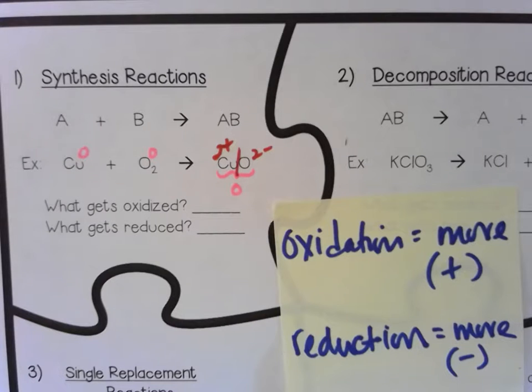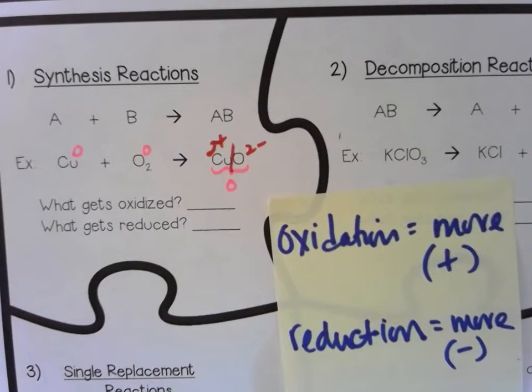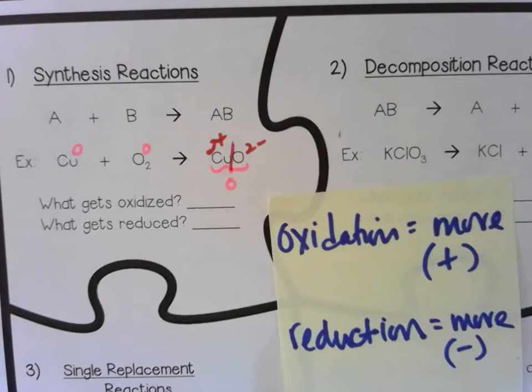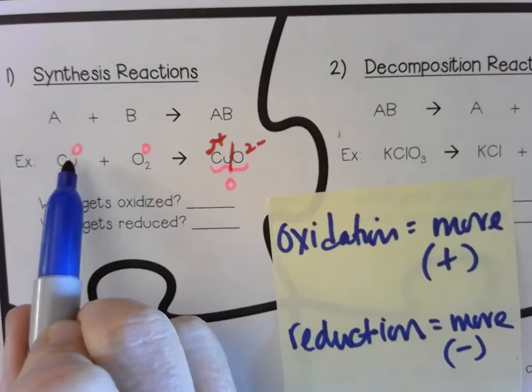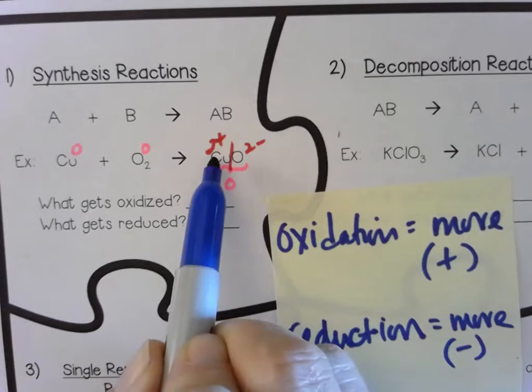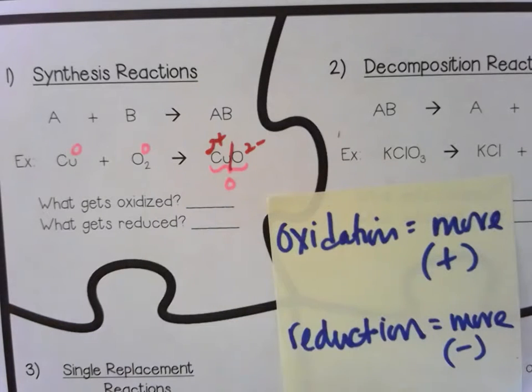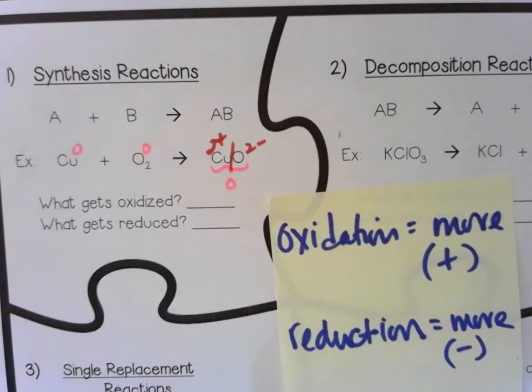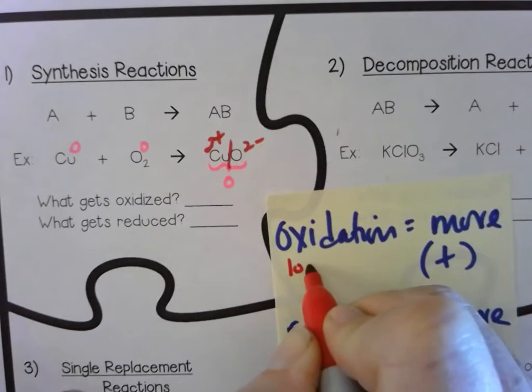Now we're going to use this information to figure out what got oxidized and what got reduced. So if we take a look at copper, copper went from a 0 to a +2. It became more positive, so it was oxidized. Oxidation does mean loss of electrons.